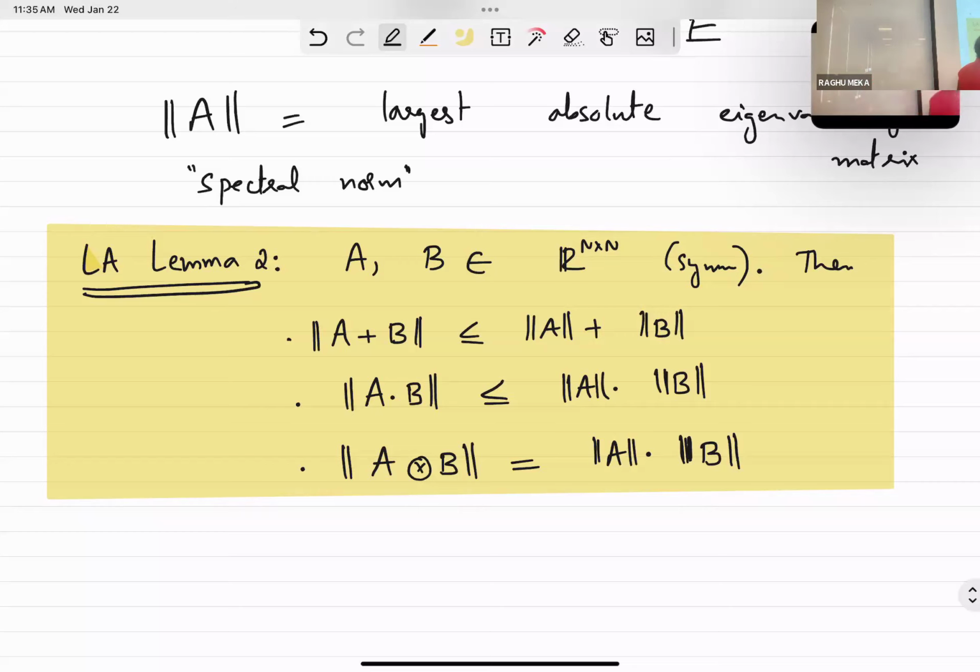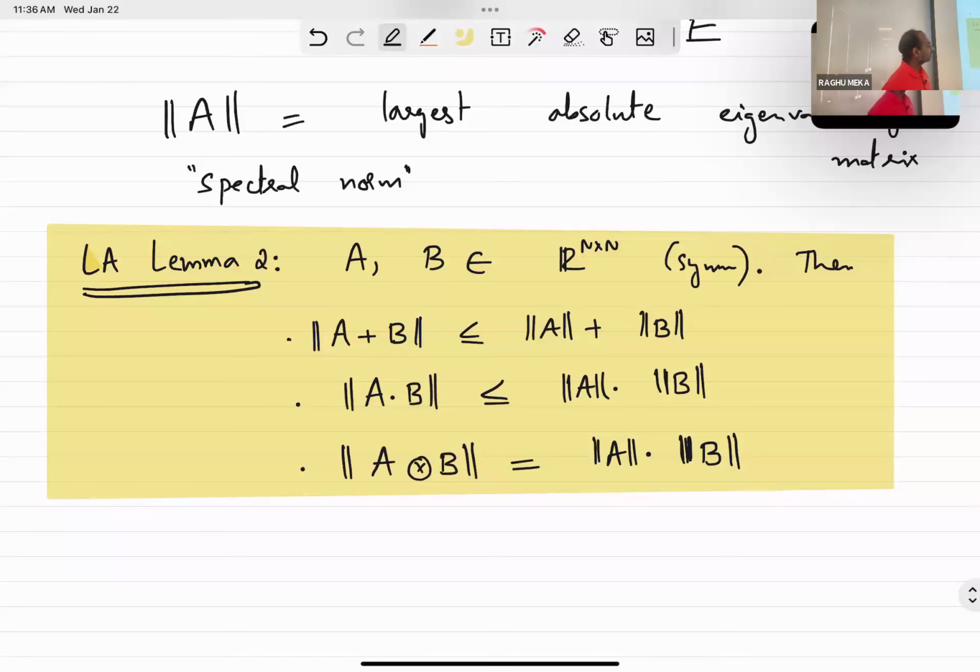So the norm behaves almost like the absolute value, right? If I take the absolute value of numbers, the absolute value of A plus B is at most the absolute value of A plus the absolute value of B, but for tensors, it's an actual equality, even though we only need one direction for the most part.